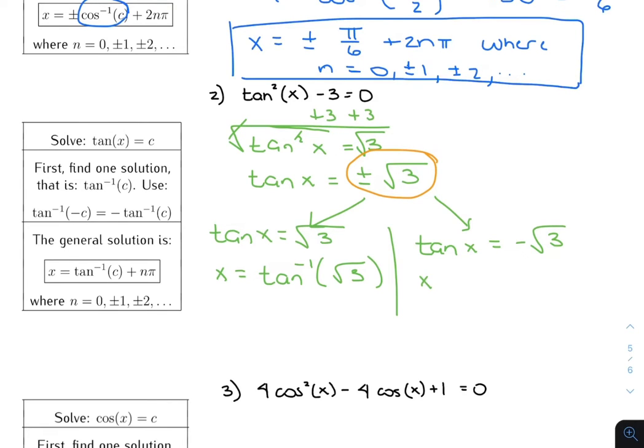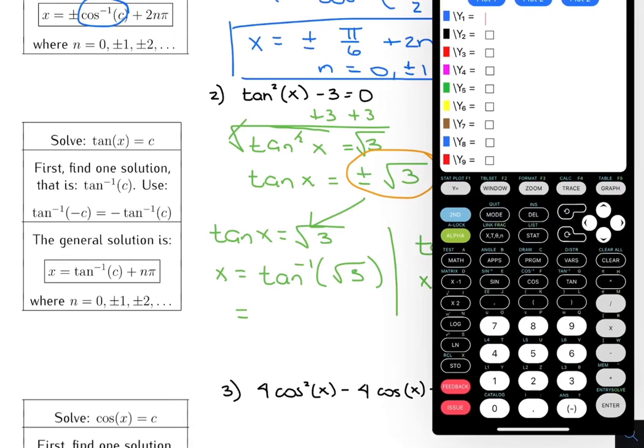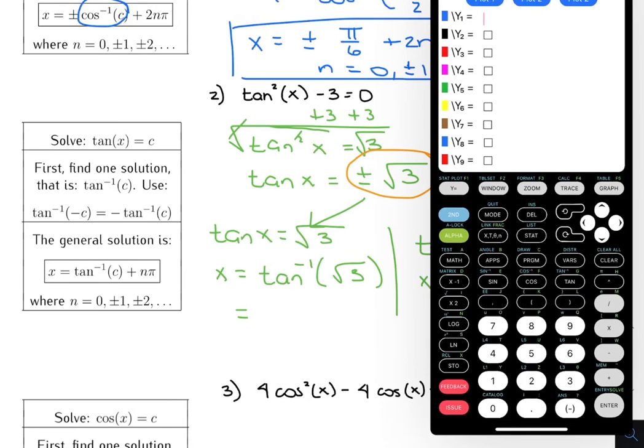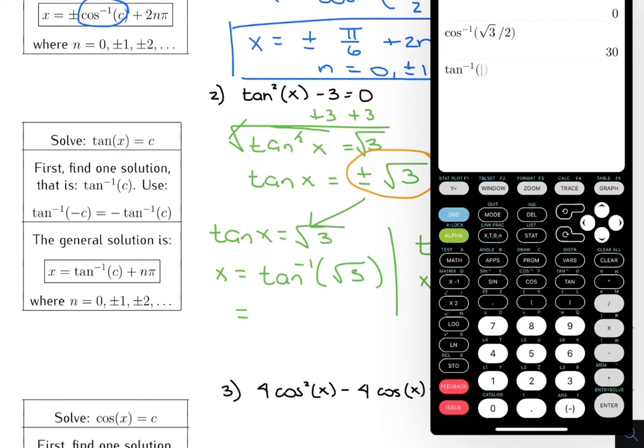Sometimes people call the inverse of tangent arctangent. So that's one thing that you guys can say too. So if we plug this into our calculator, let's see what the tangent inverse gives us for the square root of 3. Second tangent, and then we can plug in the square root of 3, and that gives us 60. So we have 60 degrees. 60 degrees is the same as pi over 3.